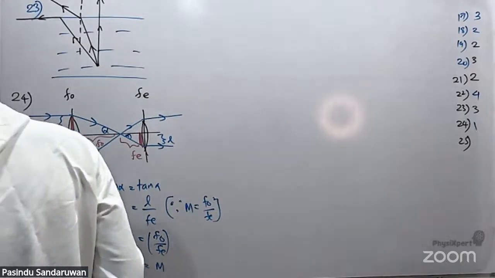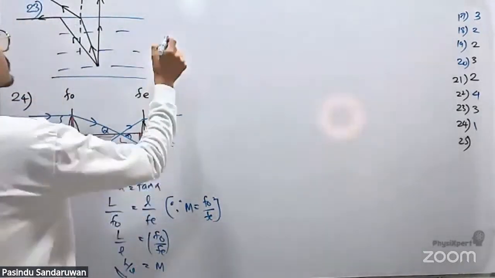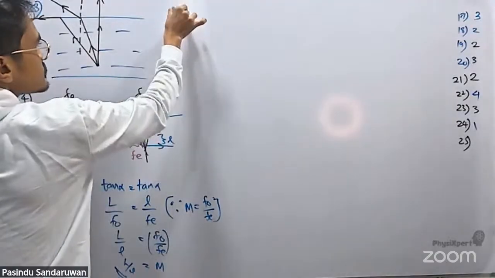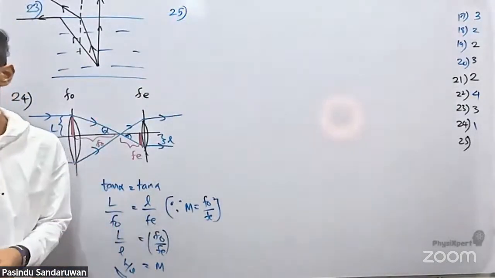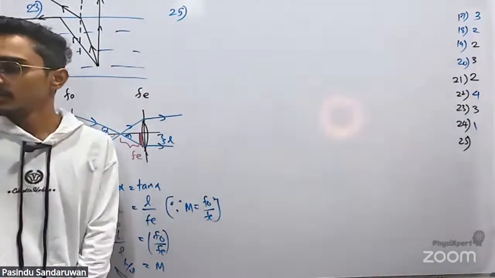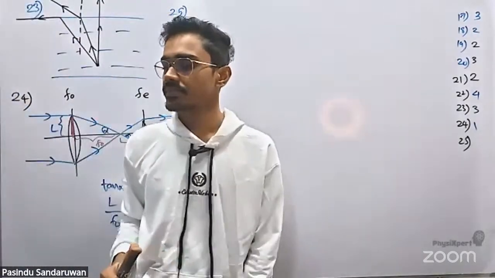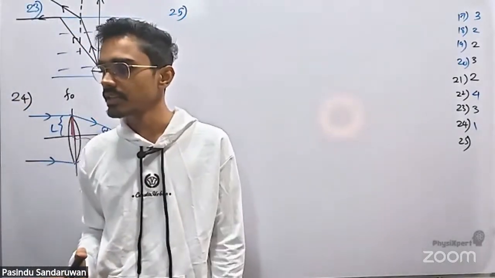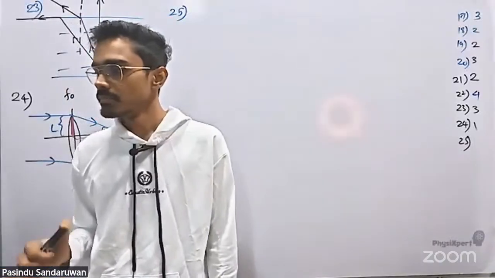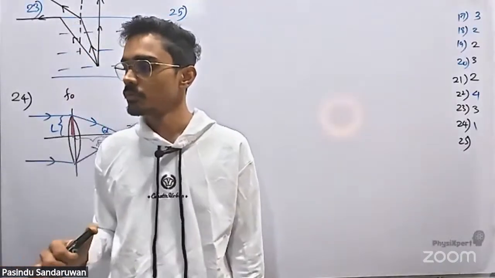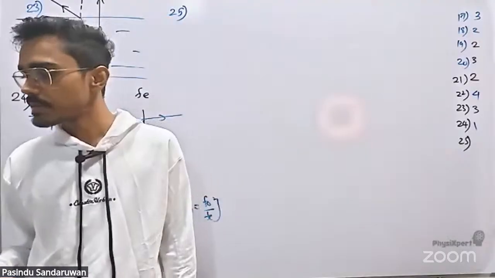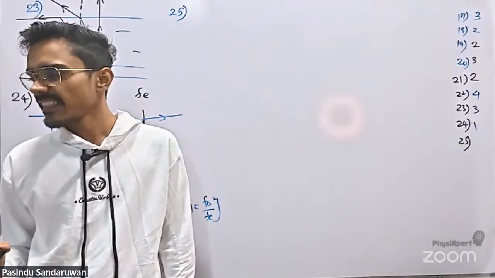25. If the mean depth of the sea is 4 times 10 to the power 3 meters, and the coefficient of volume expansion of sea water is, again, there is something missing.